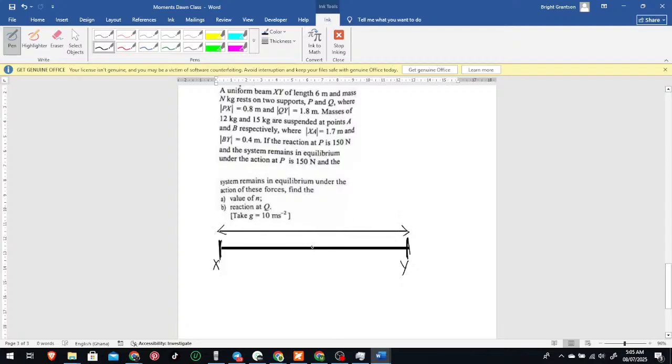Then the middle one will become this thing. Now, a uniform beam XY of length 6 meters. This one you divide the 6 into 2. You're getting 3 and mass n kilograms. Now, weight is mass times what? Gravity. So the mass is what? N times 10.